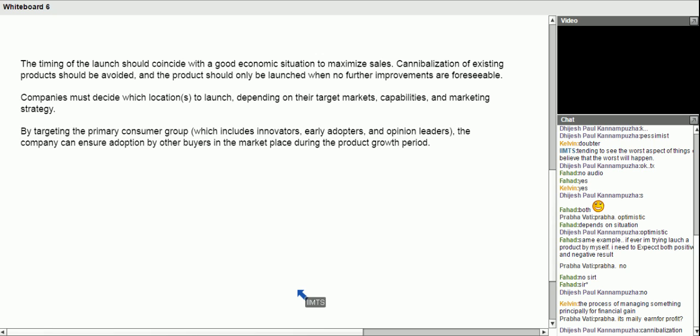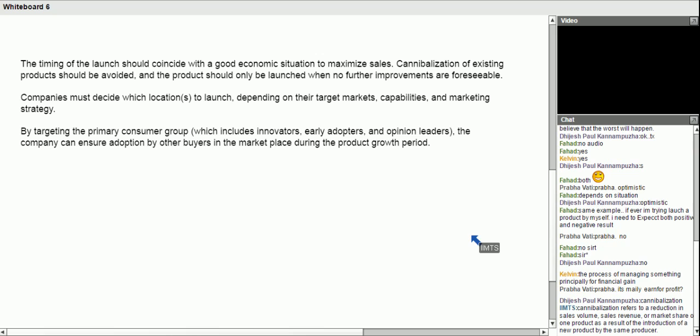Cannibalization refers to a reduction in sales volume, sales revenue, or market share of one product as a result of the introduction of a new product by the same producer. This is the definition of cannibalization. Yes, Dinesh.